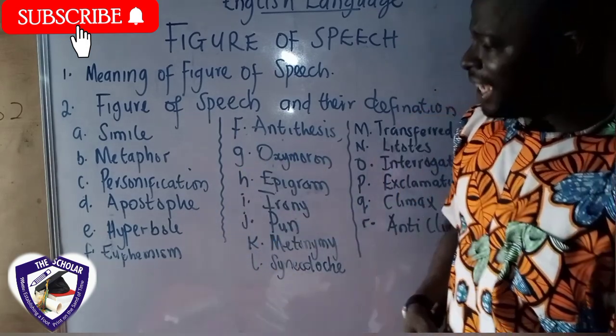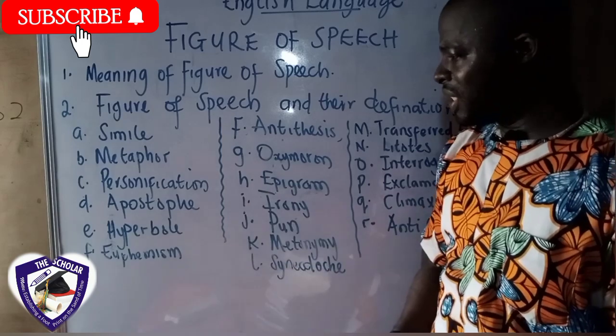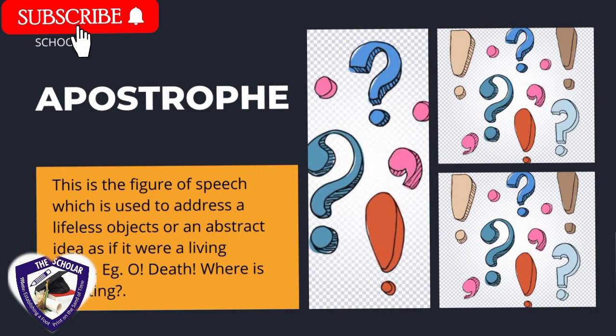All right? Then we also look at the next, which is apostrophe. Apostrophe has a sign. Okay? But figuratively, apostrophe is a figure of speech which is used to address a lifeless object or an abstract idea as if it were a living thing. If this is also clear, we can look at this example.